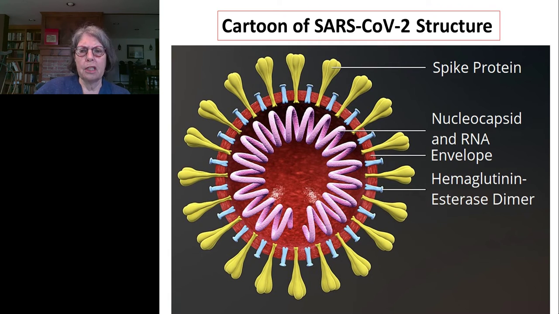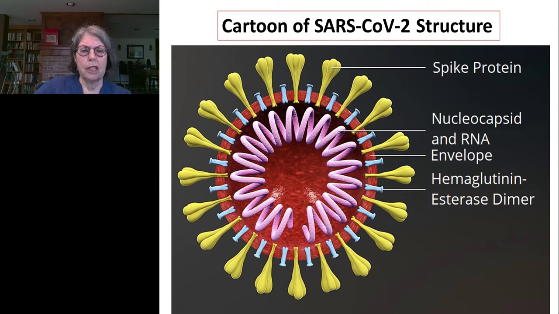Sometimes antibody assays are directed toward the nucleocapsid, which is shown in pink. But the work that we are doing today is focusing on detecting antibodies to the spike protein and a portion of the spike protein, which I will show you now.